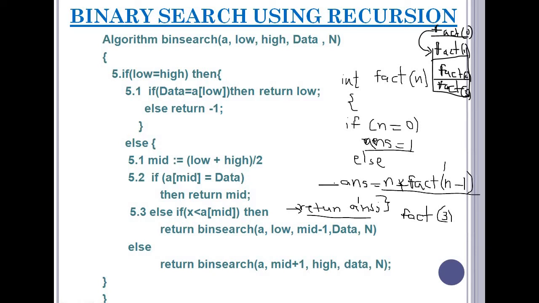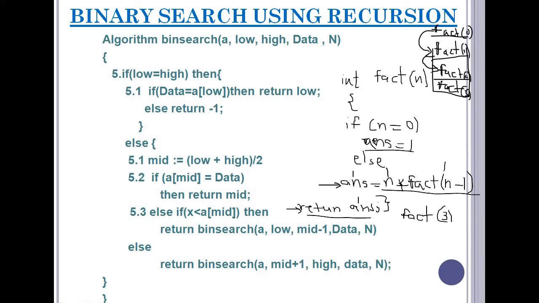So at this line, the statement again starts execution in fact(1). So my n is 1 and fact(0) is returning 1. So answer is 1, and the next line it will execute return 1. 1 multiplied by 1, answer is 1, so it will return 1 to its caller.